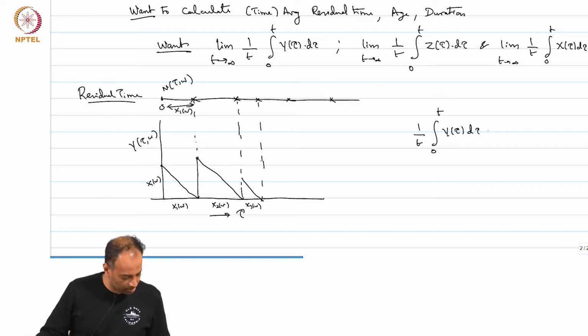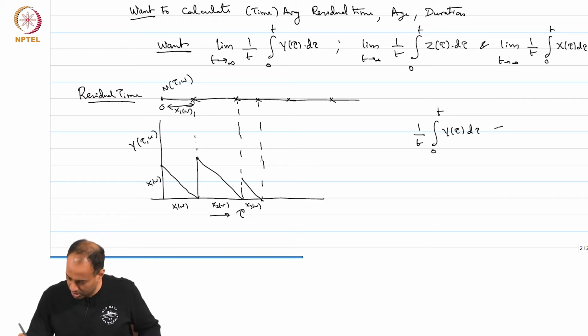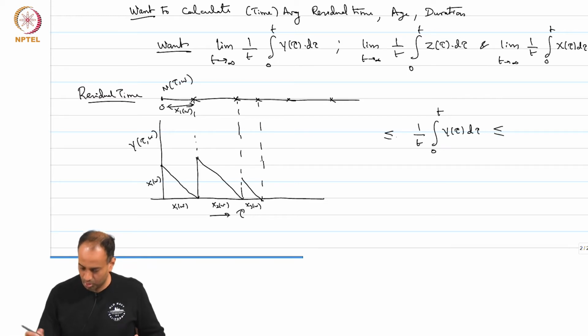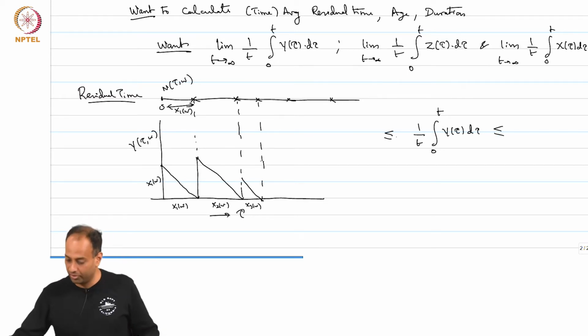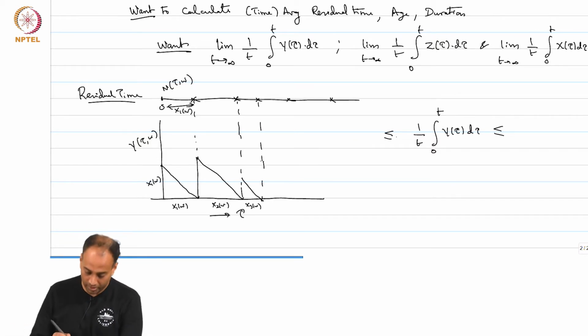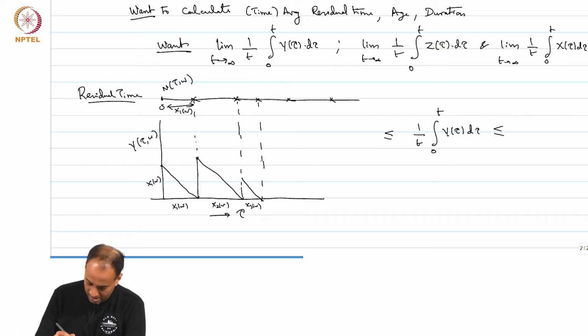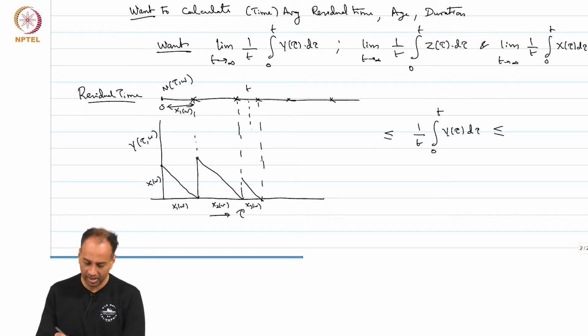This is bounded, you can show, between two things. I am going to fill up what these two things are. So, let us say a particular time, some time t, okay. You want to calculate the total area under y tau till the time t, right.